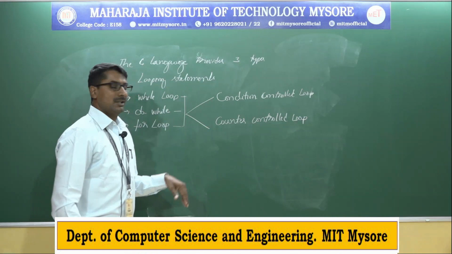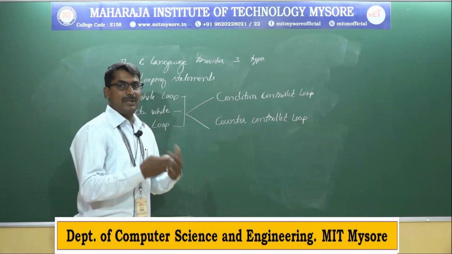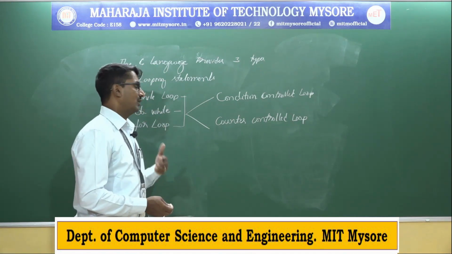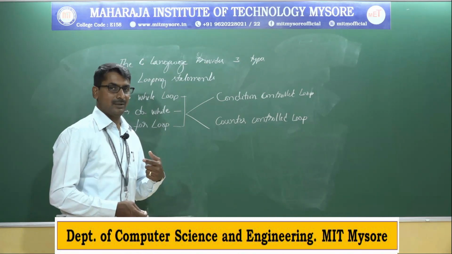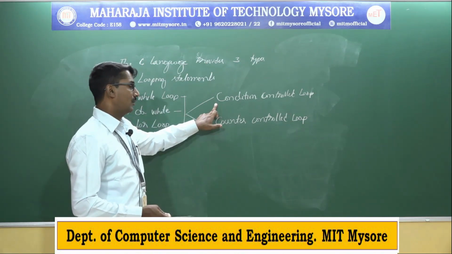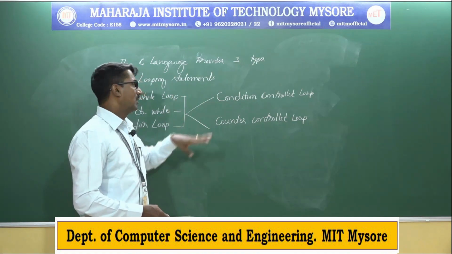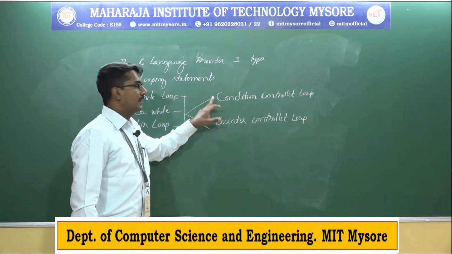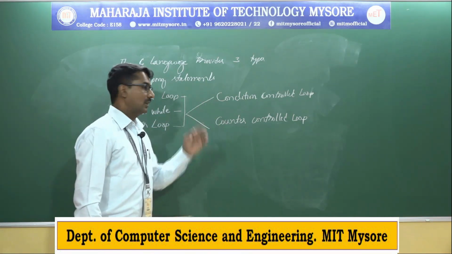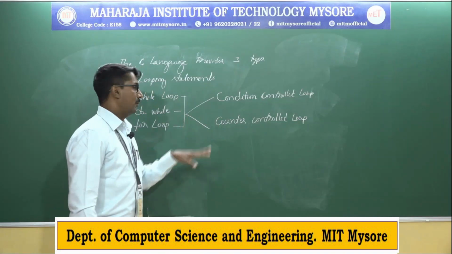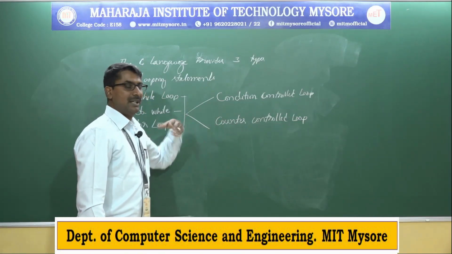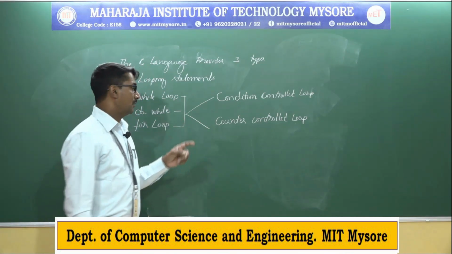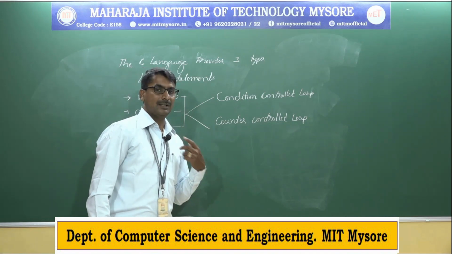In the counter control loop, we know how many times we need to iterate the loop. So the user knows how many times the statements need to be executed repeatedly. But in the condition control loop, the number of times is unknown. It executes depending upon the condition. So how many times the loop needs to be executed is unknown. But in counter control loop, the number of times is known.